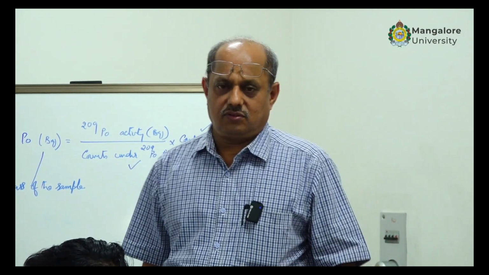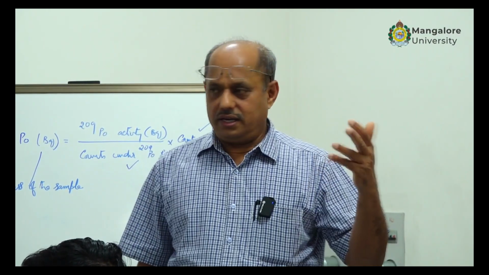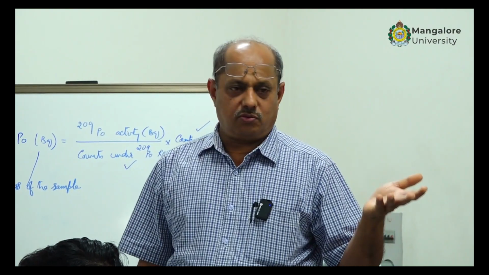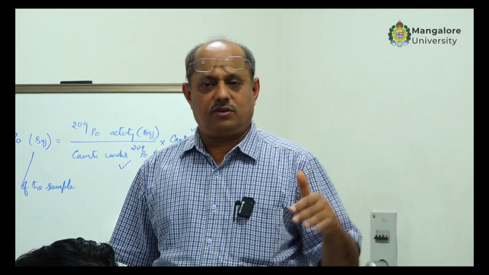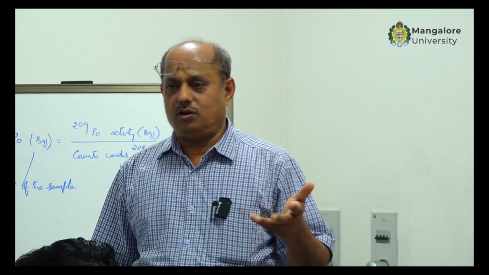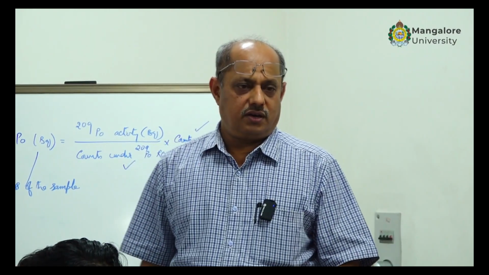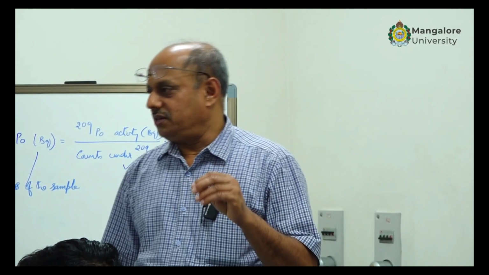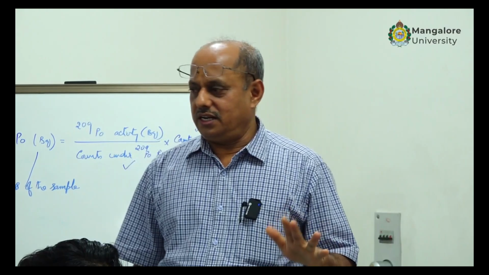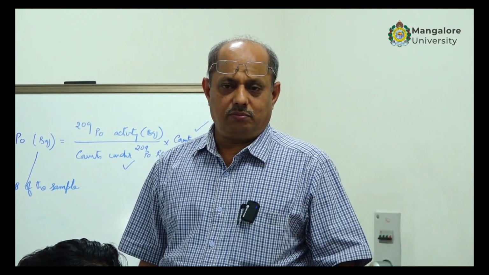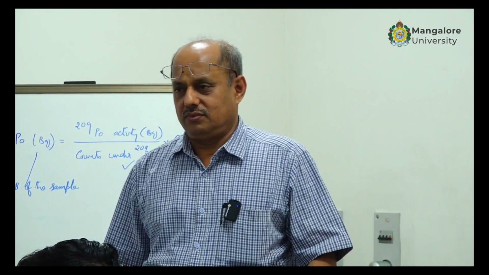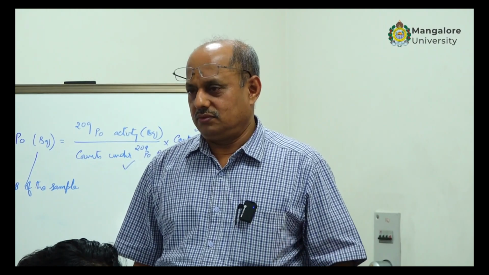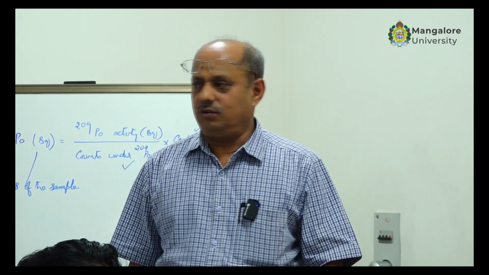That is the target. So today we are doing gamma spectrometry and alpha spectrometry, and tomorrow and the day after tomorrow it is up to your wish, whichever way you prefer. We give you an unknown sample and a reference material, you count both of them and evaluate the activity. So that will be the real hands-on. Okay? Right. Any questions?